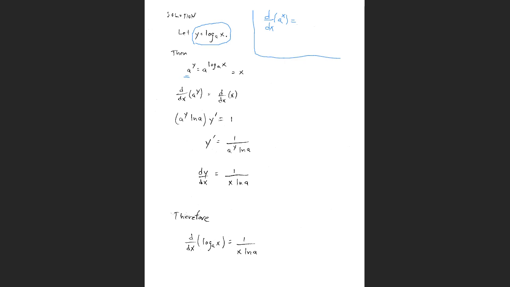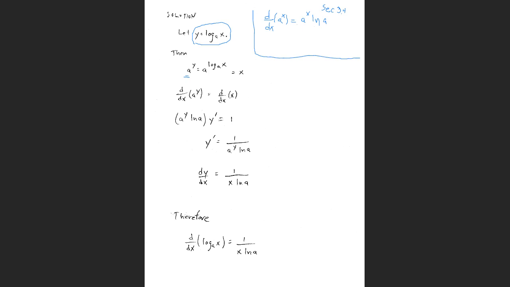That equals a to the x power times the log of a. And that rule actually came from section 3.4. We're going to make use of that rule to help us derive the log of x to the base a.